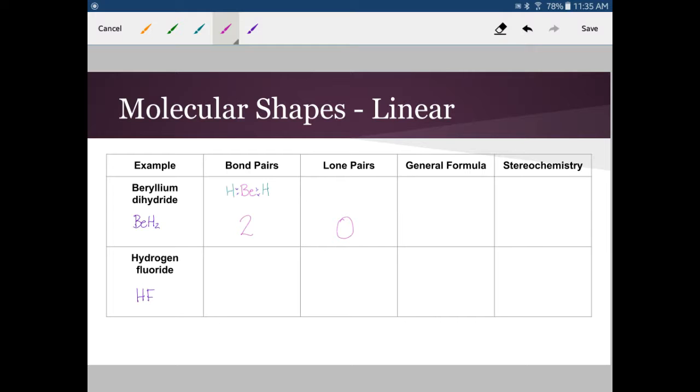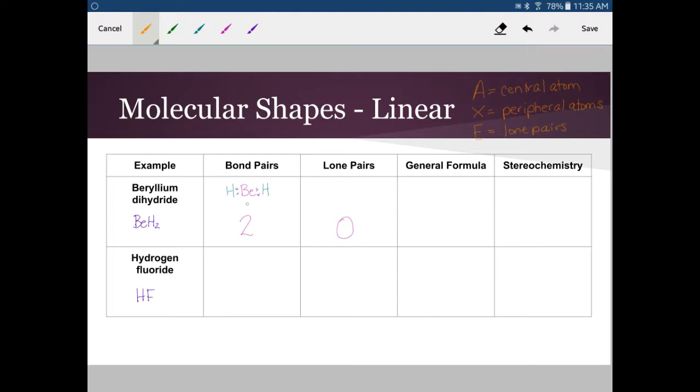Now, the general formula that we come up with for this is going to be based on a few things. In general, we call A our central atom, we call X our peripheral atoms, and we call E any lone pairs. That will help us to determine these general formulas.